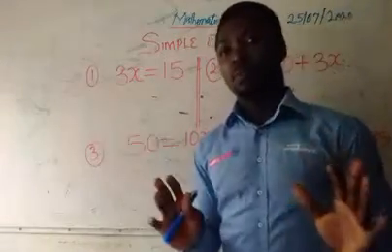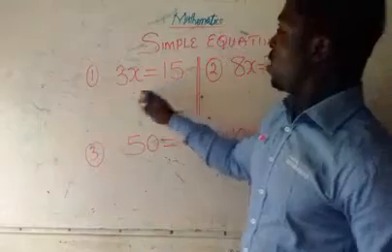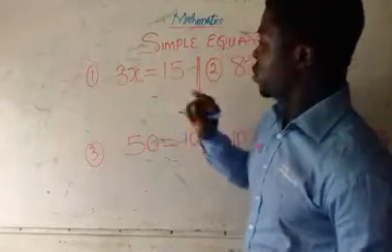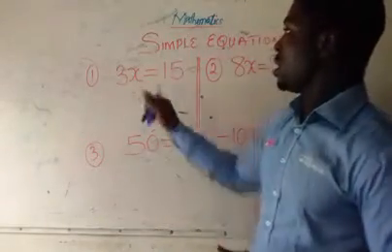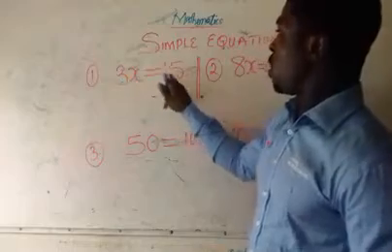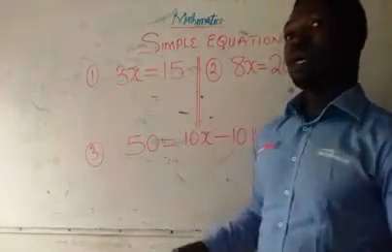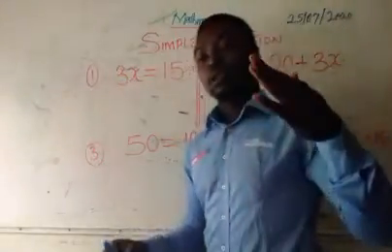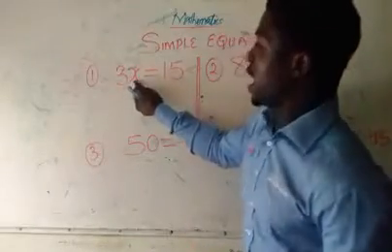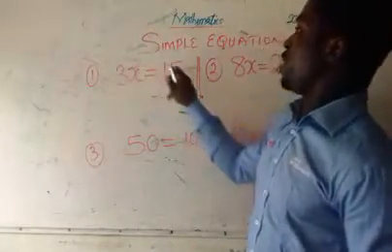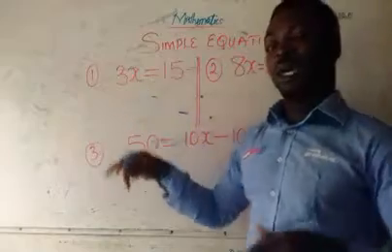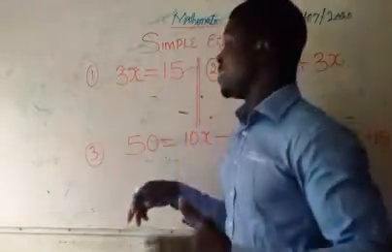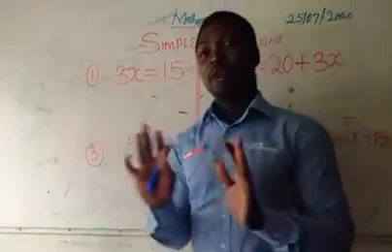It is quite simple. For the first question we have 3x equal to 15. In essence, what we are to look for is what number we can multiply by 3 to give us 15. If your guess is 5, I think you are correct.